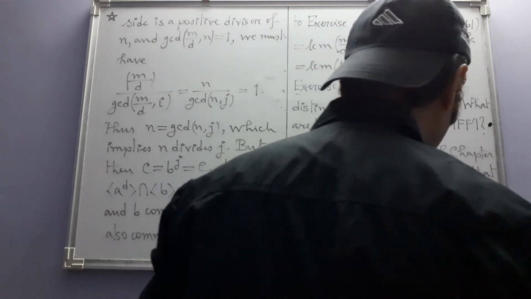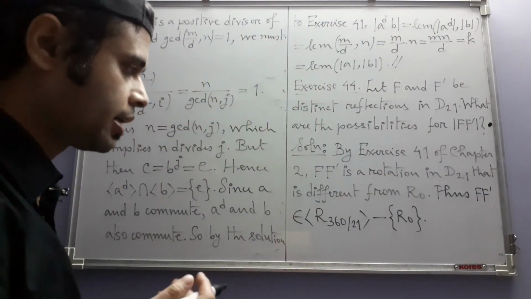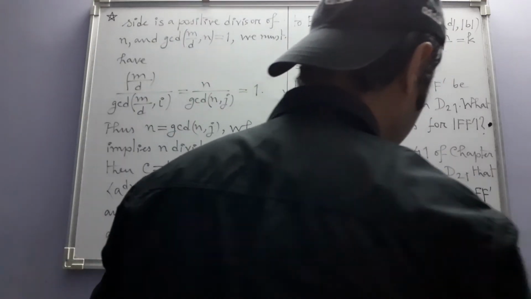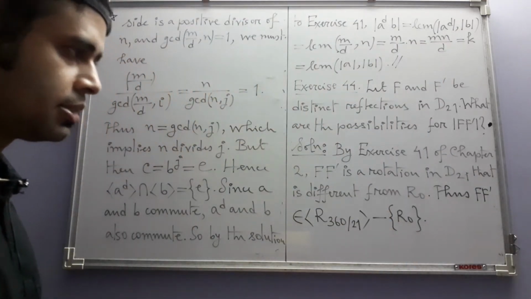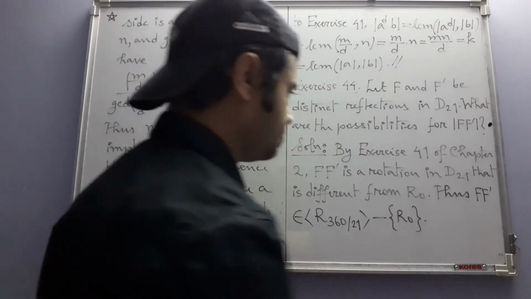So we can now apply the results that we know about cyclic groups, or rather results about orders of elements in a finite cyclic group.